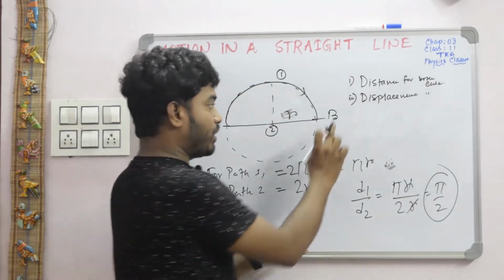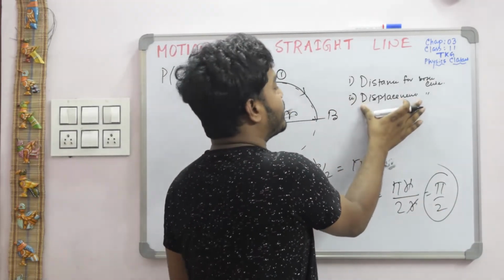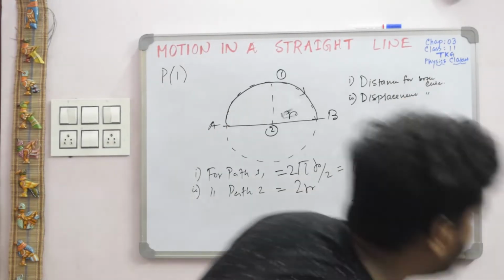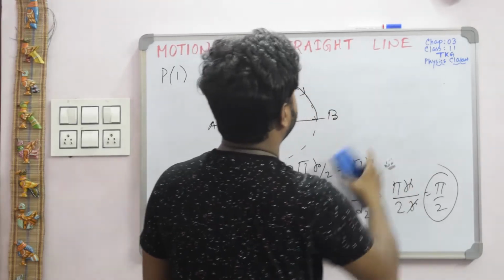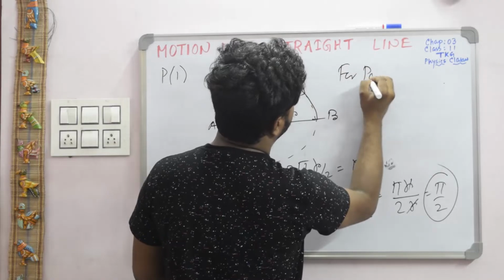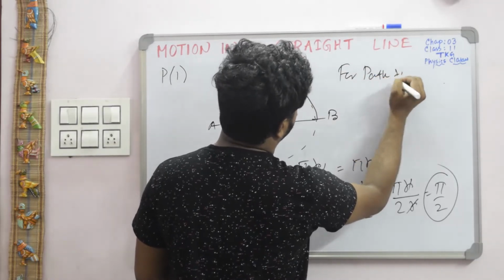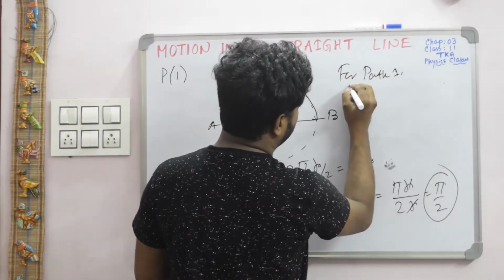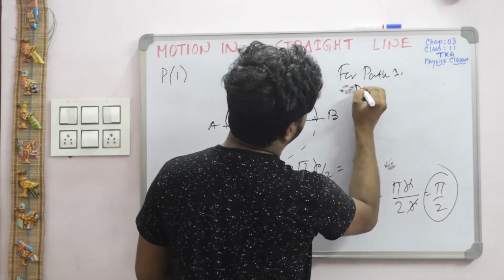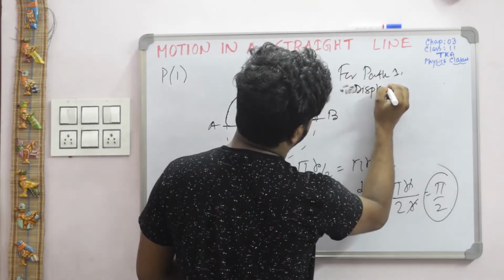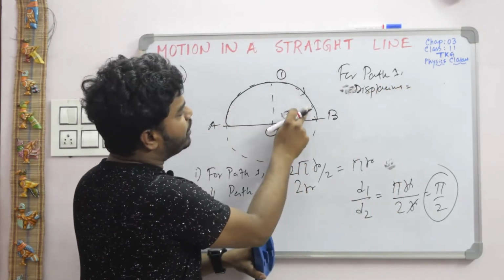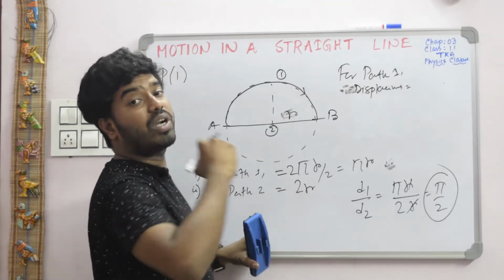Okay. Now case number 2, you have to find the ratio of displacement. For the first case, the displacement for path 1, when the body moves from A to B, and displacement means the shortest path.